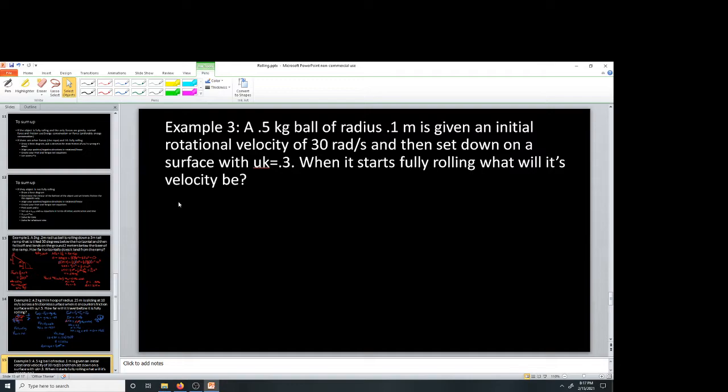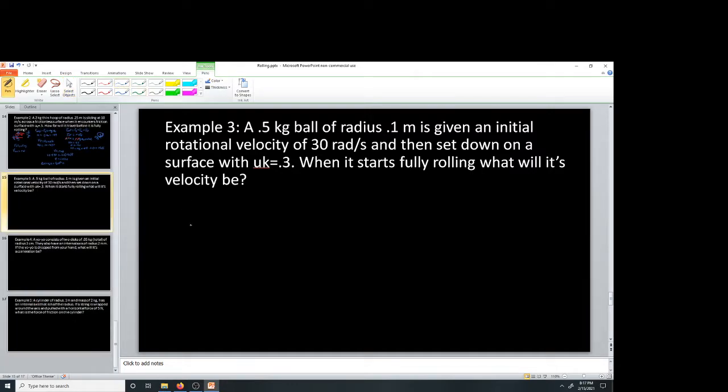All right, so this time we've got a ball. Let's say it's spinning that way, with an omega equals 30, and it's set down on top of this object here. When it's set down, this point right here is going to have a tangential velocity.